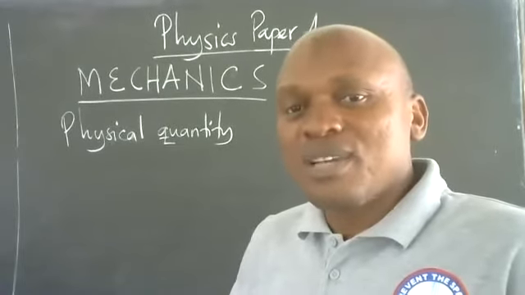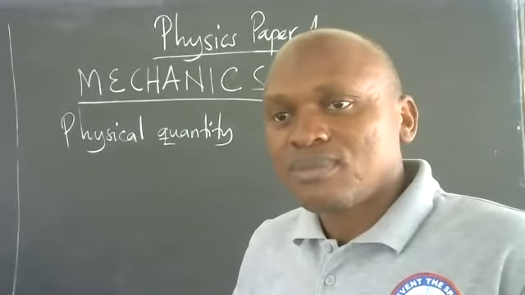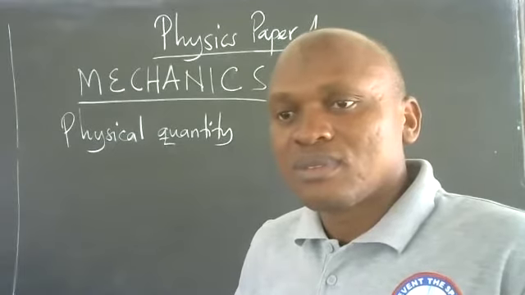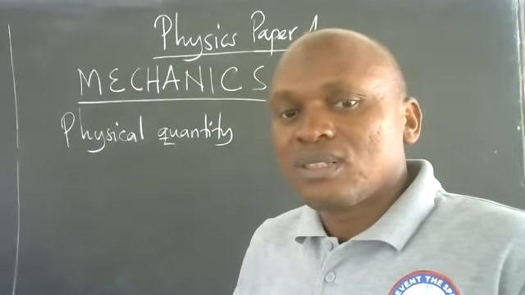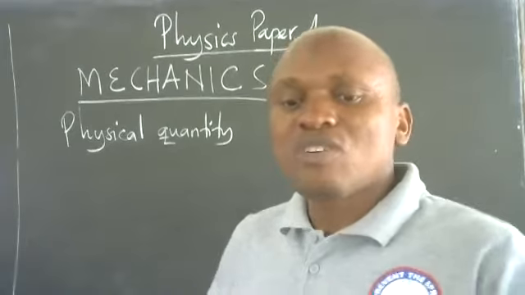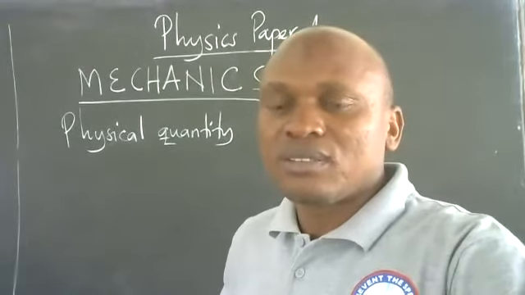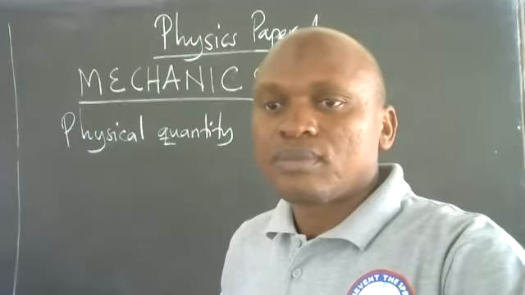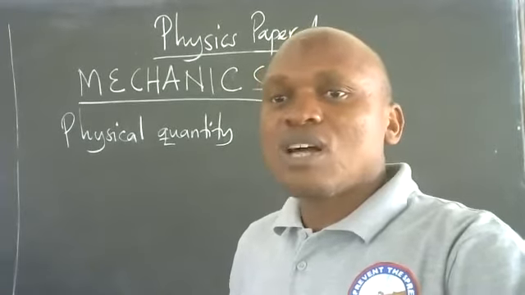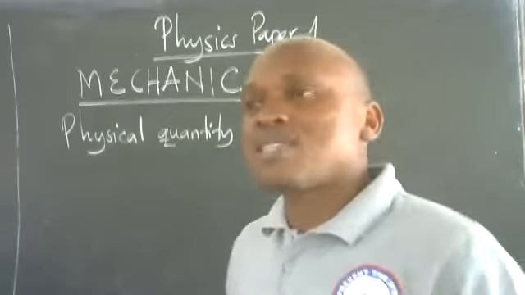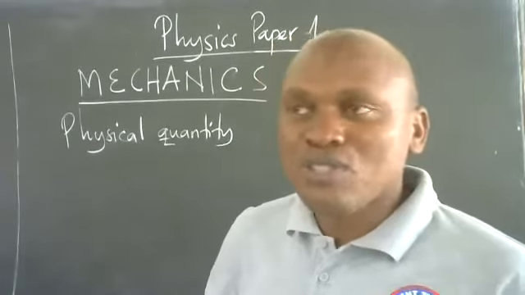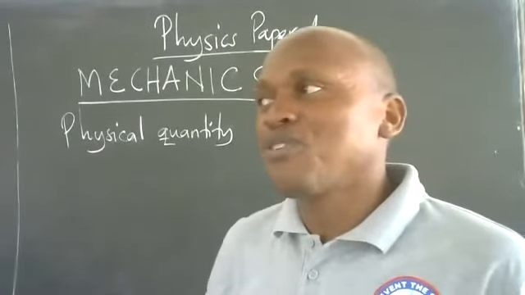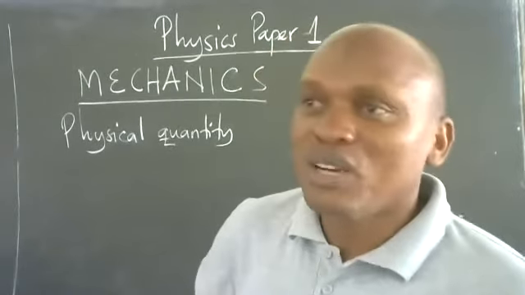What are the units of relative density? It has no unit. So those are quantities that have no units. That's why I'm asking: give me examples of quantities that have no units. One of them is relative density.